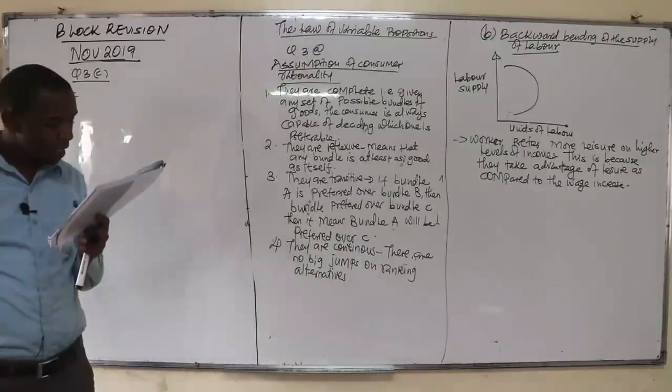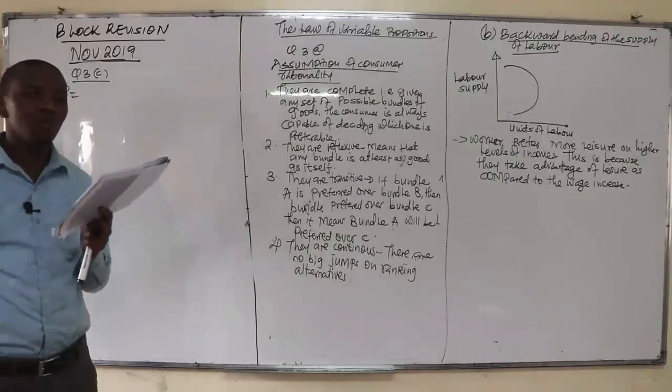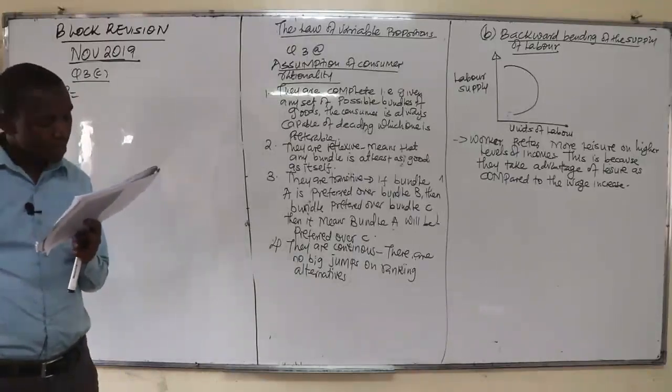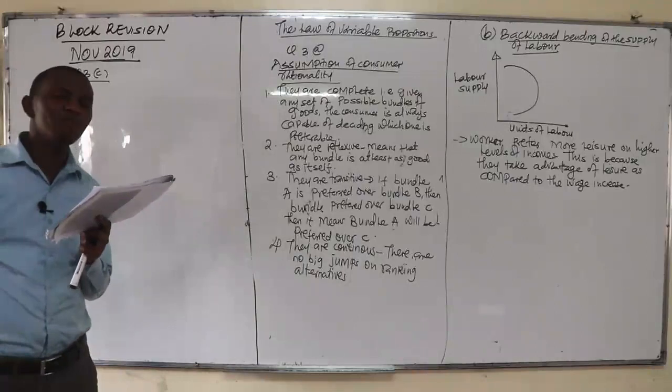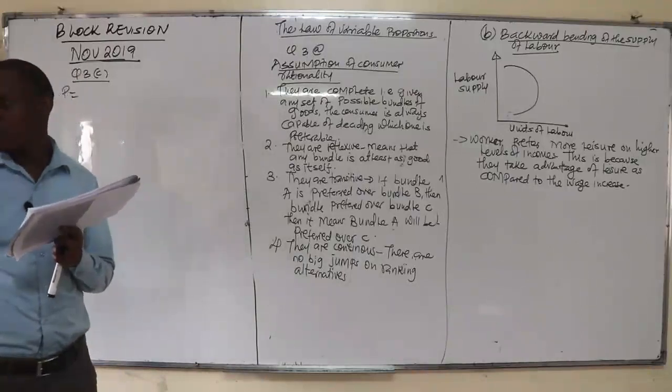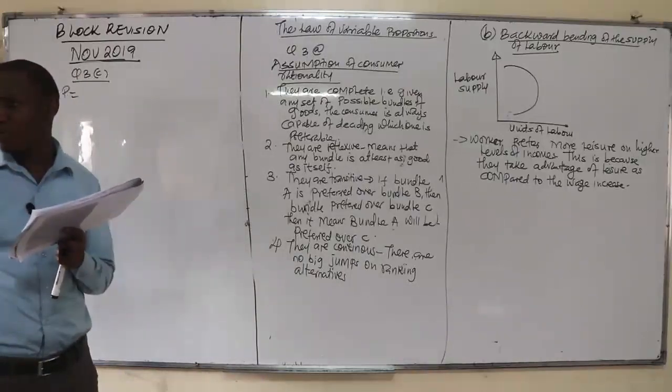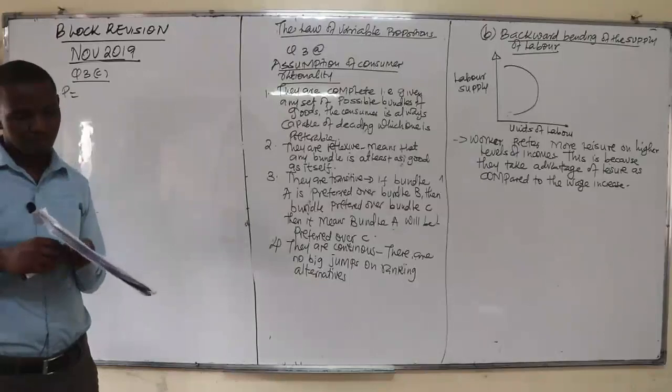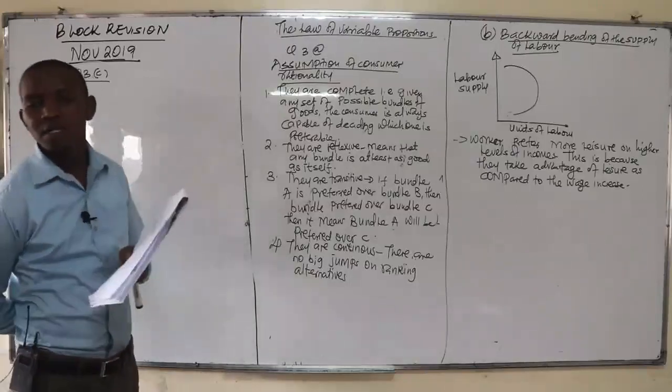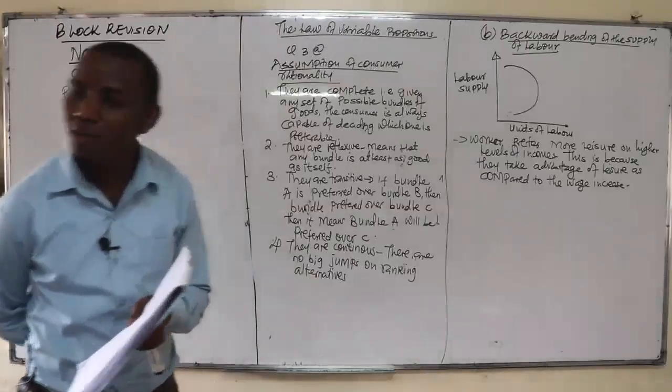For example, at 20, they will buy 600 units. When it increases to 70, less will be bought. So is that demand or supply? An increase in price of a commodity, that is the law of demand.